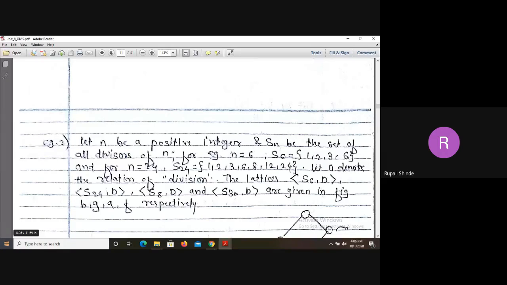If both are there, then only you can say that whatever lattice you have drawn is correct. Can you draw it? Yes, ma'am. Okay. Just try for it. If you are not able to draw, then I will explain.